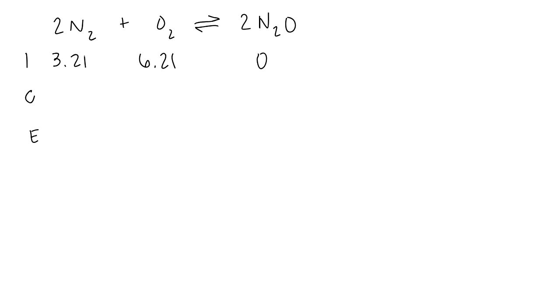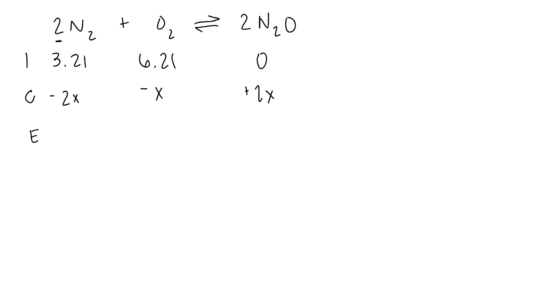That means for our change, we're going to have minus 2x, because remember, we take the coefficient, minus x for oxygen, plus 2x for N2O. And then we don't have any information about our equilibriums, so that's all up in the air.